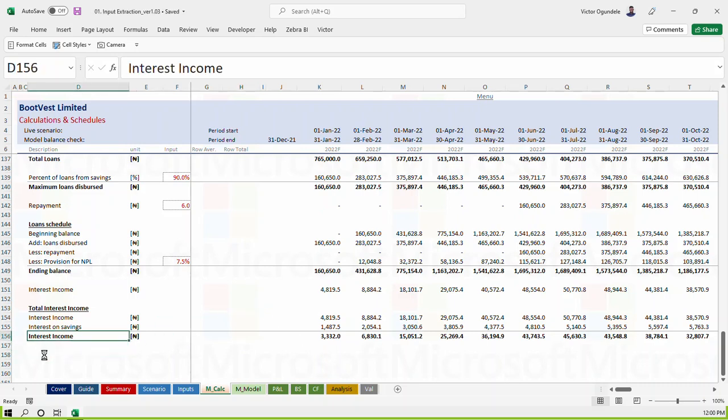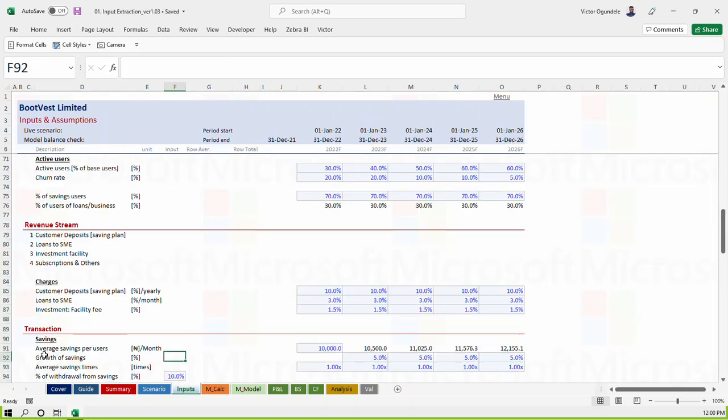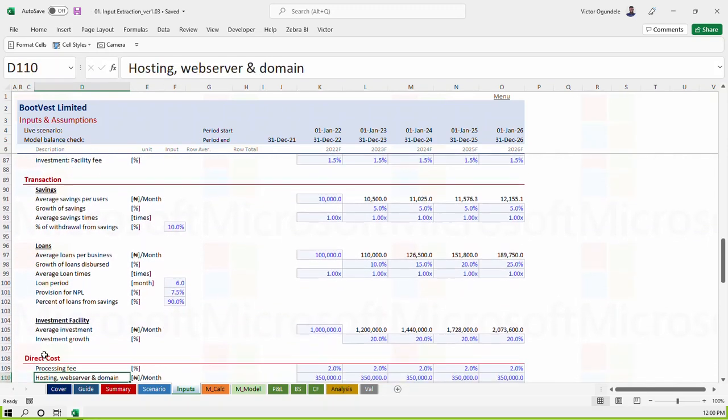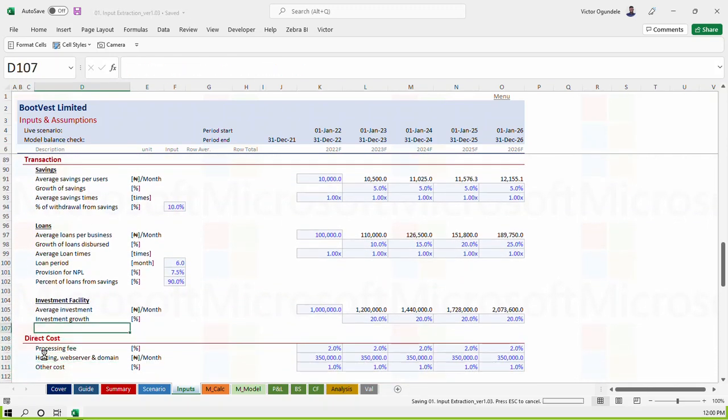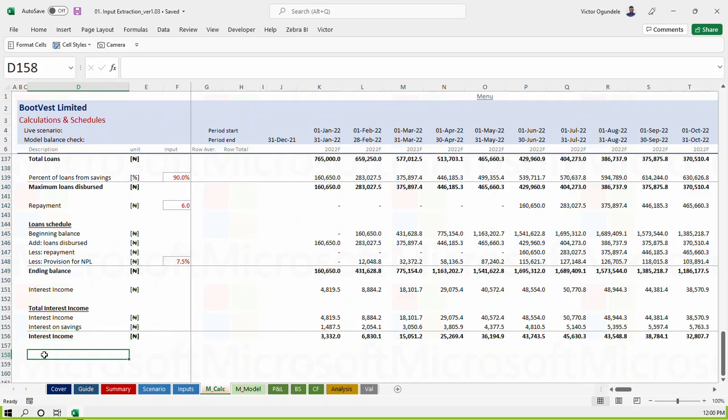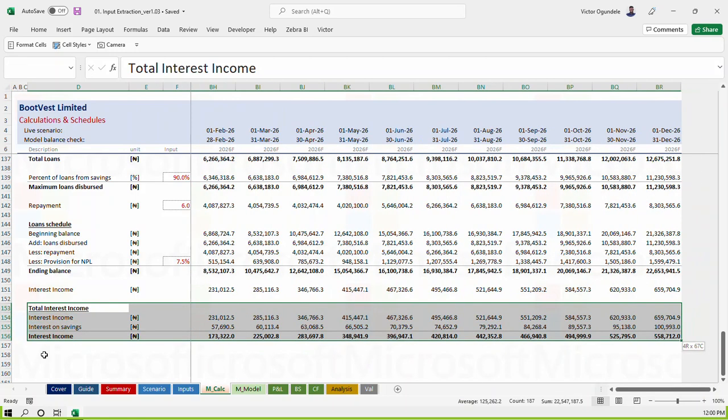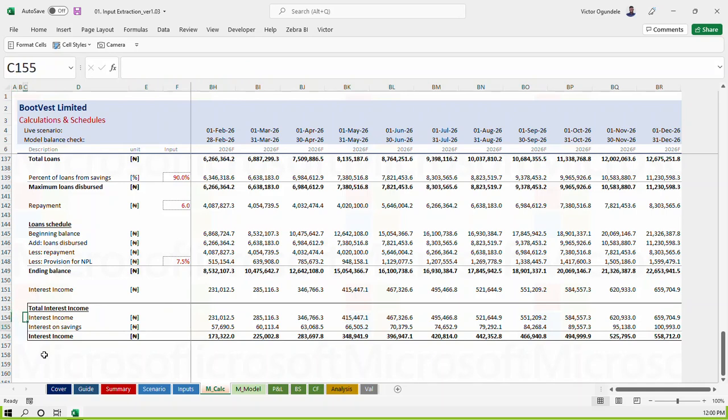Okay, so this is our interest income. Which other thing do we need? Our investment facility. Let me put a shape on this, so that by the time we are looking for it, we know this is where we have our interest income.